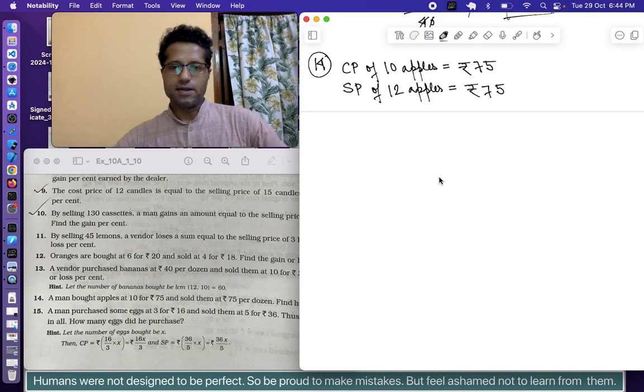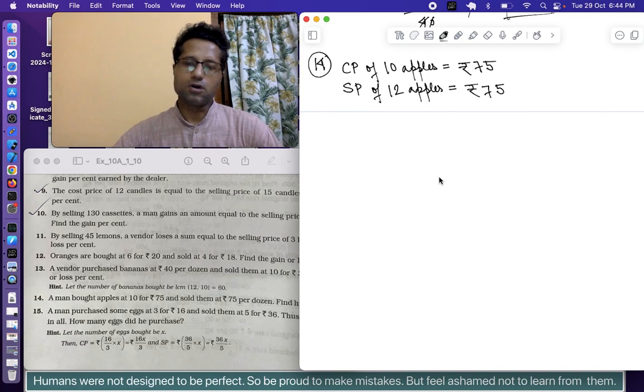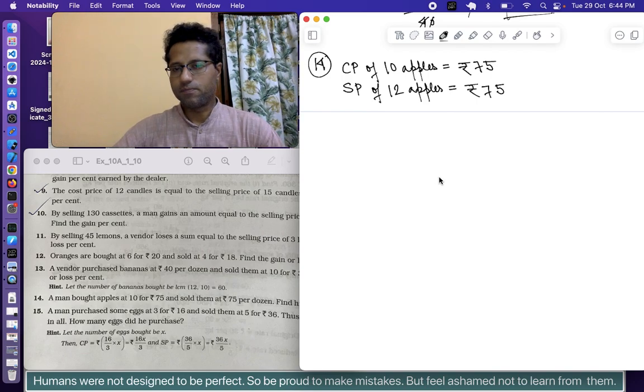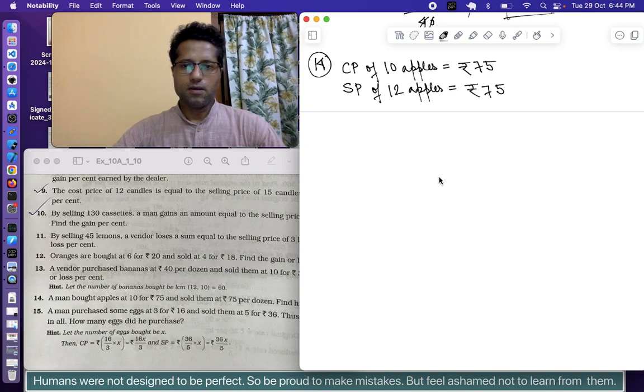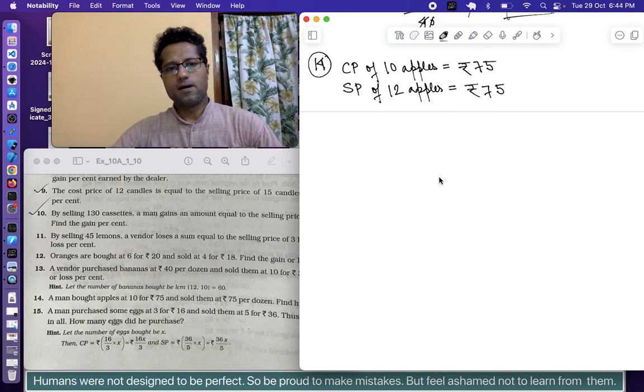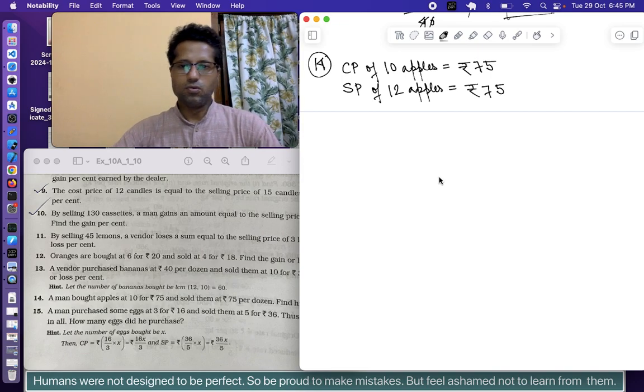One thing you can do is find the cost price and selling price of a certain number of apples, which will be the LCM of 10 and 12. Even though the number will become big, I think, at least for me, it is easier to do arithmetic calculation with integers compared to fractions or decimals or rational numbers.